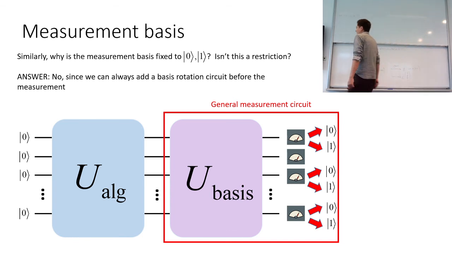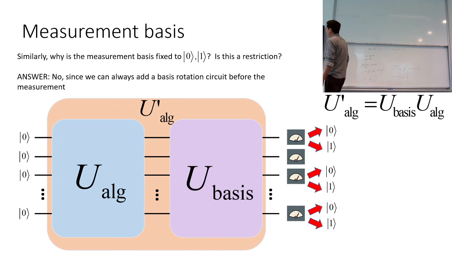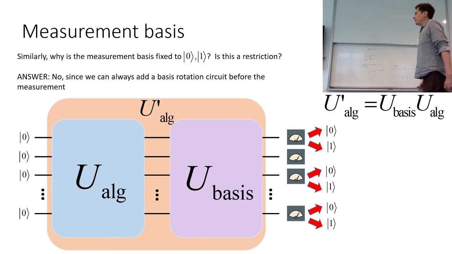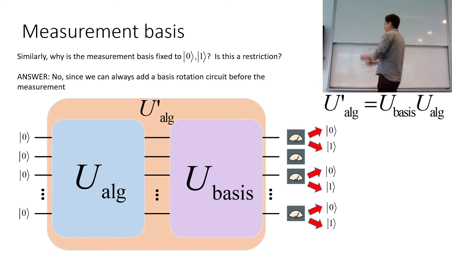So just like with the preparation example, if I combine that basis rotation part with the algorithm itself and call that U algorithm dash, then the measurement itself can be done in the 0-1 basis without any loss of generality.